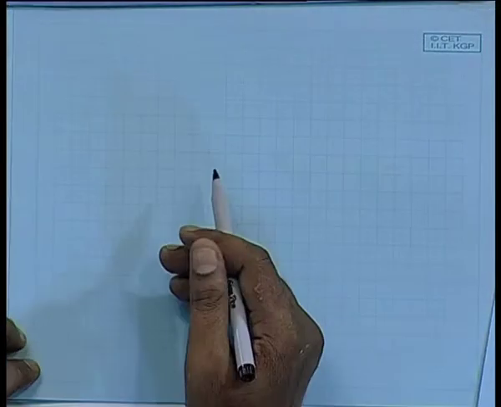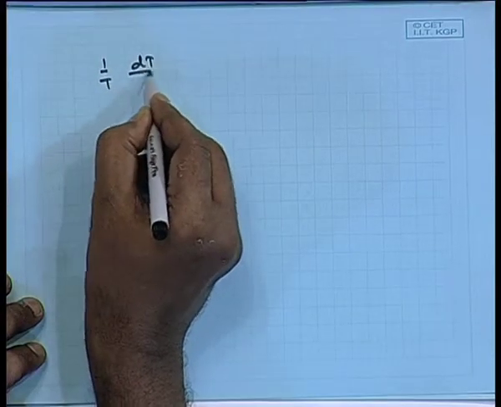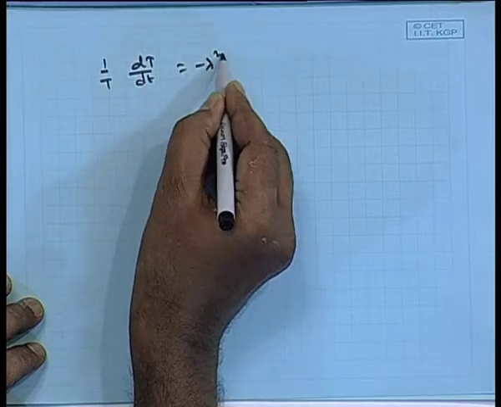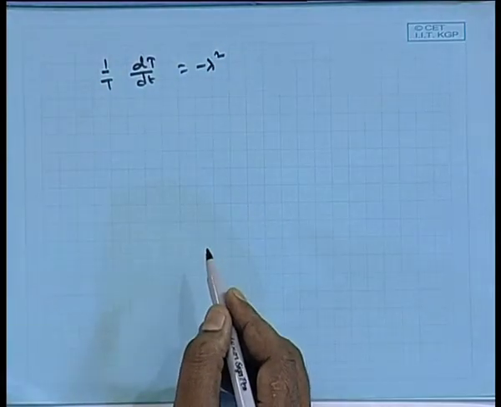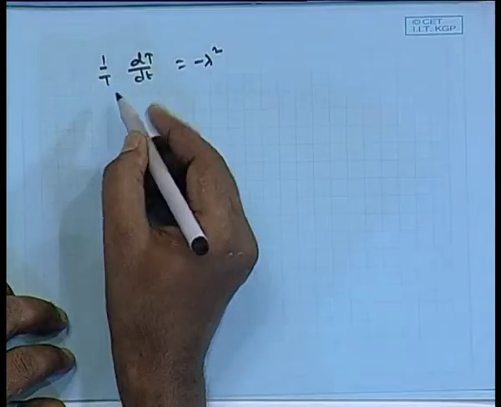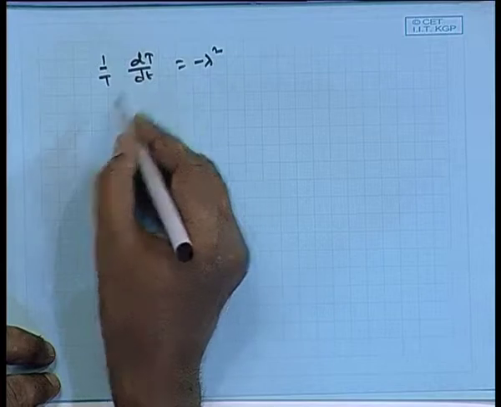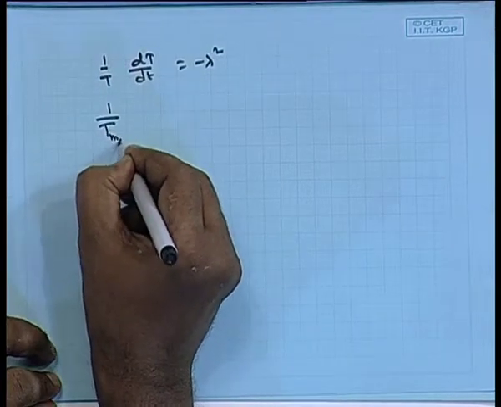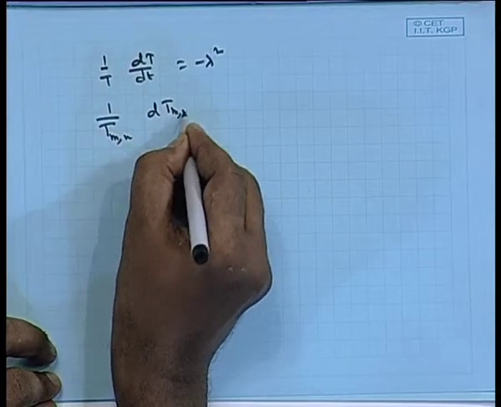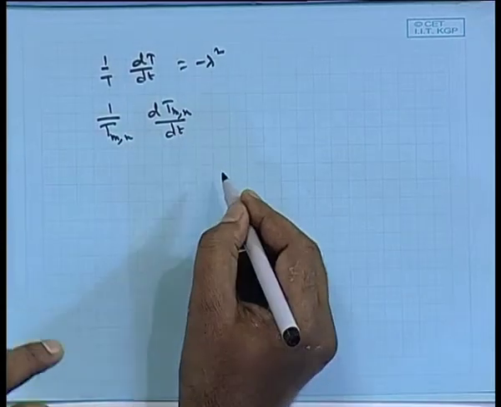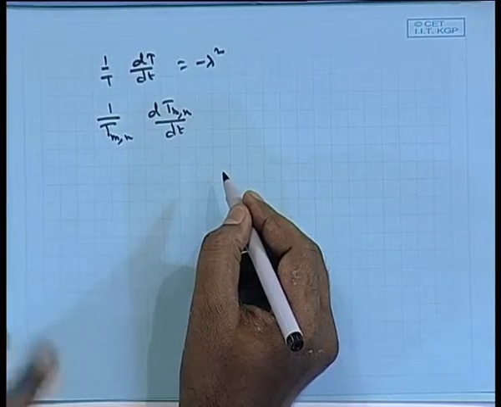So, let us now come back to the time varying part. If you remember, the governing equation of the time varying part was 1 over T dT by dt equals minus lambda square. And lambda is a function of both m and n, so I put the subscript T m n, corresponding to the mth and nth eigenvalues in your system.